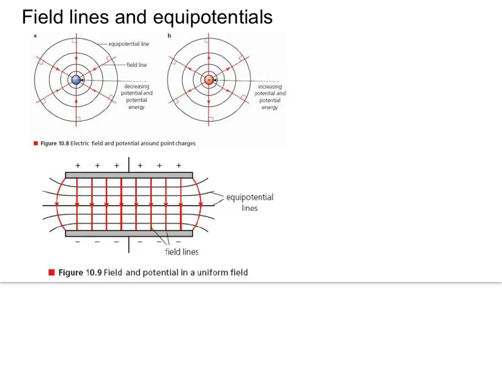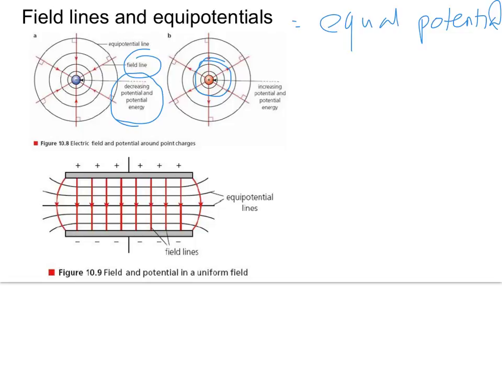Equipotential lines in electric fields do exactly the same as in gravitational fields. They show lines of equal potential. They are always perpendicular to field lines and also show decreasing potential energy. The lines are closest where there is greater potential energy because the jump from one interval to the next is going to be smaller.